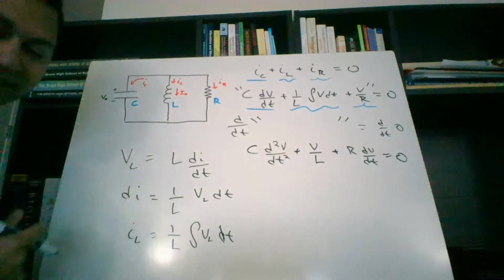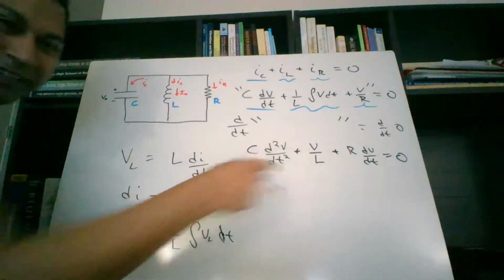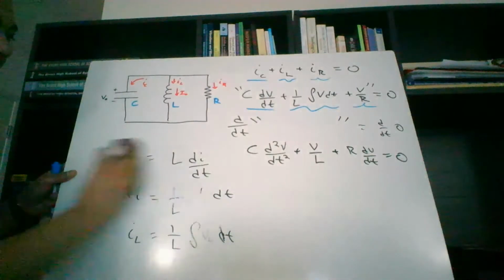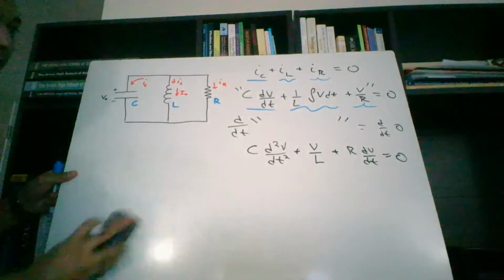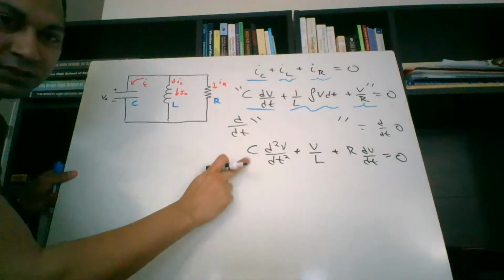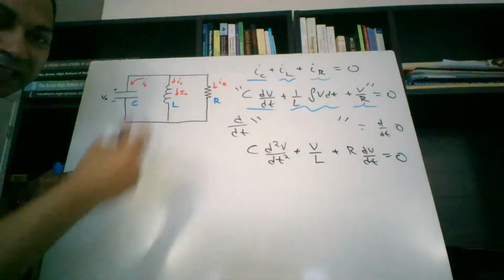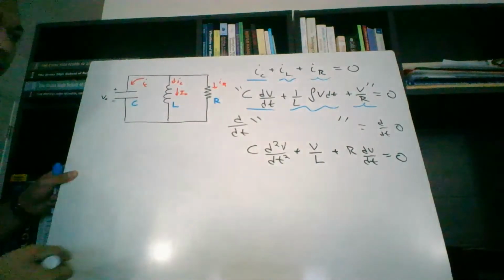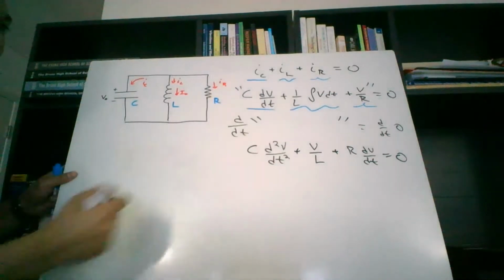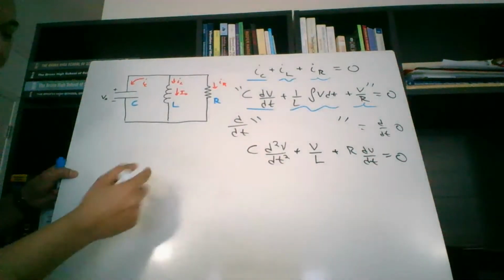So we've got a second order differential equation here, but let's clean it up a little bit because I like to look at it a little bit nicer than that. I usually don't like to have coefficients in my leading derivative term. So we'll divide out the C from everything and put everything a little bit cleaner.